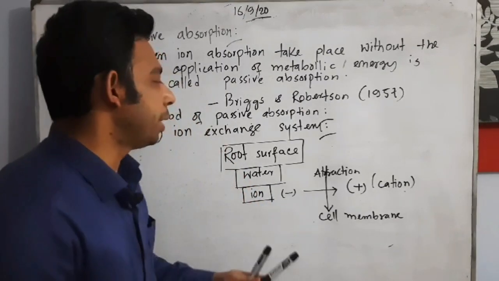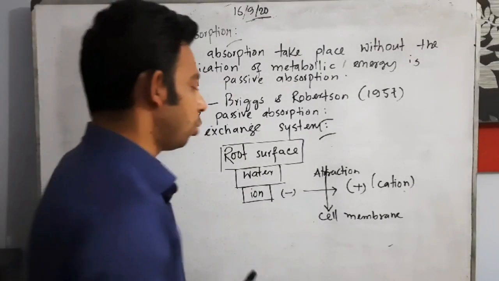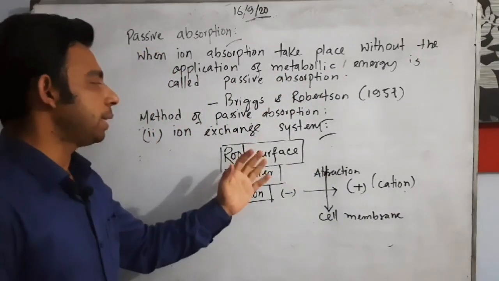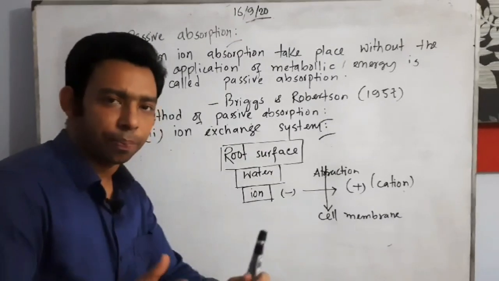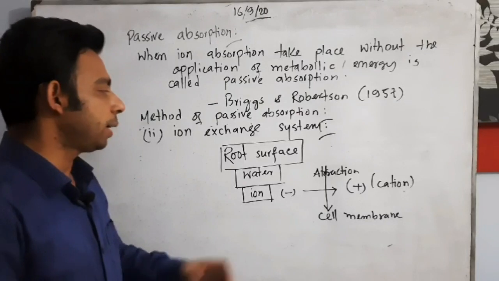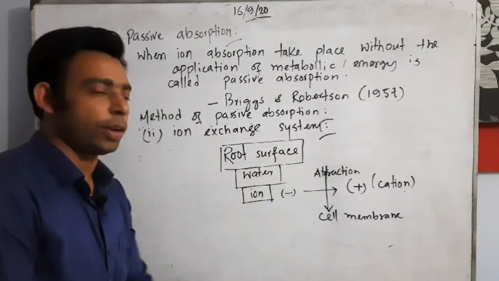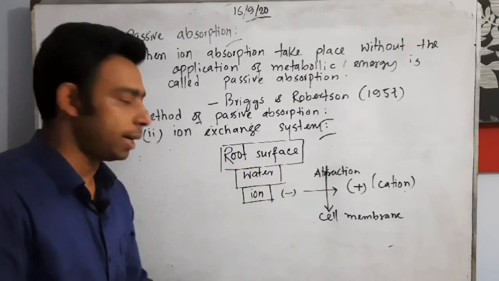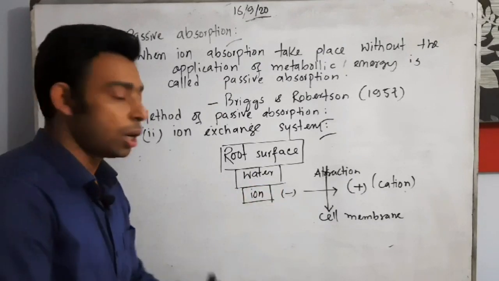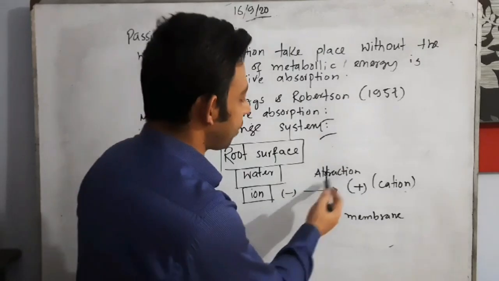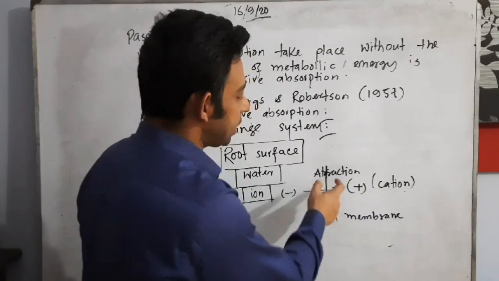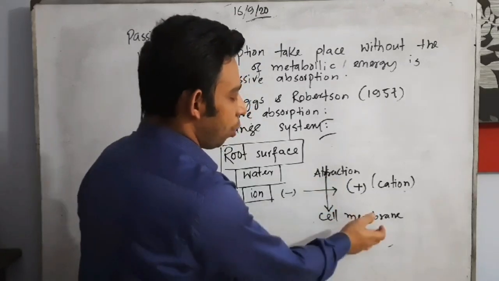Now, how can we remember this one? The second point is the ion exchange system. It is assumed that around the root surface, water molecules are present, and the water also has ions that are negatively charged. So they always love to attract the cation for exchange, and you can see this attraction with the cell membrane.